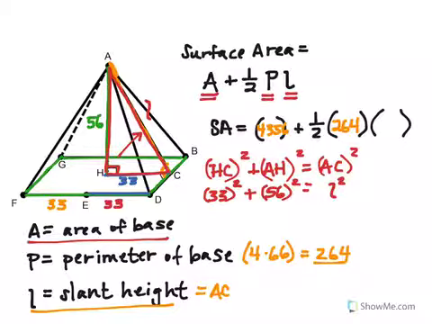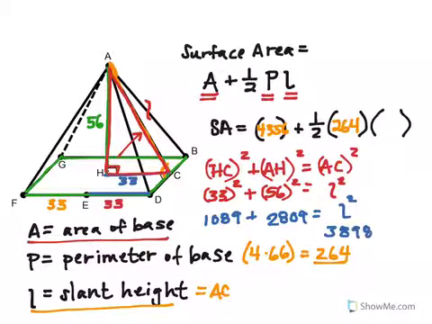So as we work through this, 33 squared is going to be 1,089. 56 squared is going to be 2,809. This is equal to my slant height squared. And I add those together. 1,089 plus 2,809 is going to be 3,898, which is equal to my slant height squared.